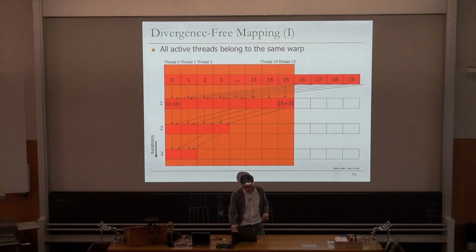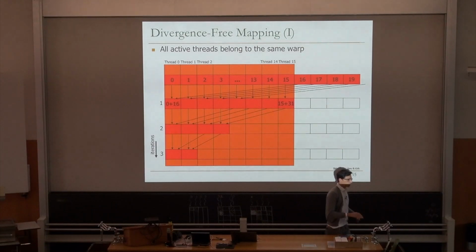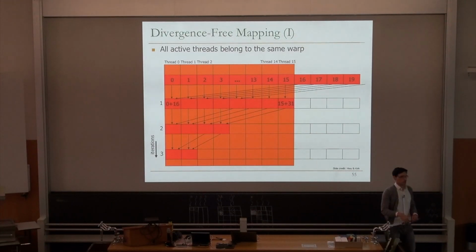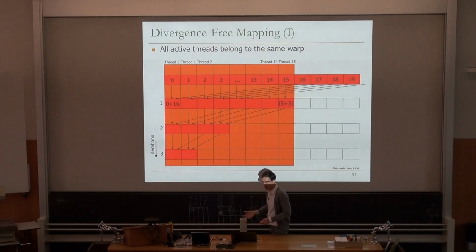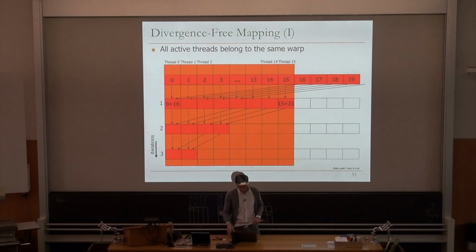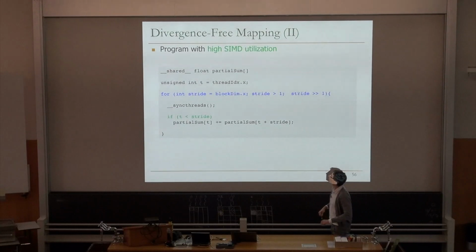So we continue, and the good thing is that instead of scheduling many different warps that are only using part of the vector lanes, we are scheduling a lower number of warps, but they take full advantage of all the vector lanes. This is the corresponding code.